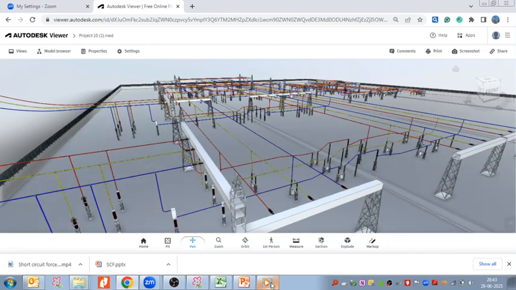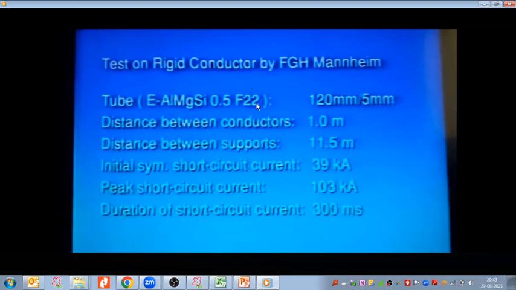We are taking one video as an example to understand the short circuit. This is a test on a rigid conductor by FGH Mannheim, the agency that is doing it. They are using a tube, and the size of the tube is outer diameter 120 millimeter and wall thickness 5 millimeter. Distance between conductors, R to Y, Y to B, is 1 meter.